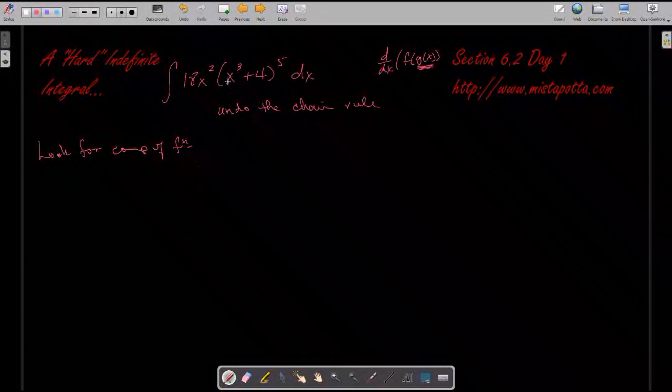In this case, I see that I've got this x cubed plus 4 to the fifth. I see that I have a composition of functions. And so I have a clear f of x, which is x to the fifth, and I have a clear g of x, the x cubed plus 4.